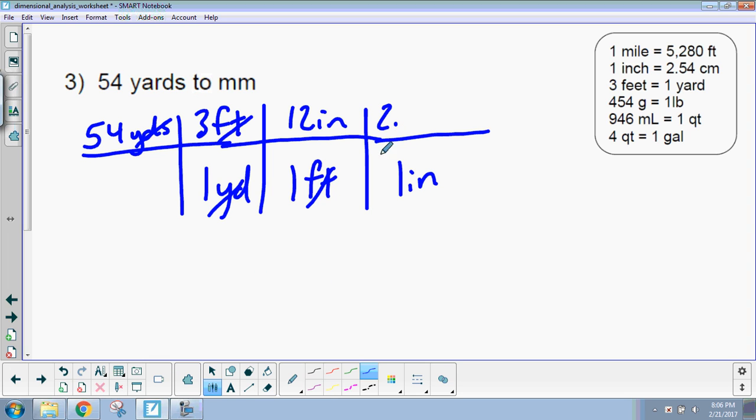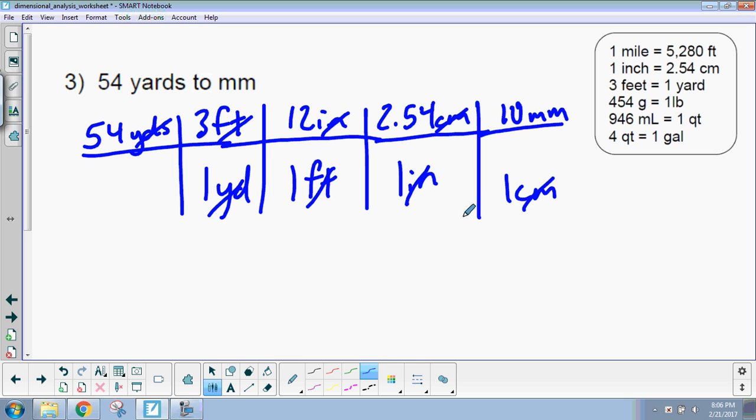What millimeters are these? Okay, in 1 centimeter, there's 10 millimeters. I know that's not over here. You may have to Google that. And in fact, you can use Google to check all these answers.